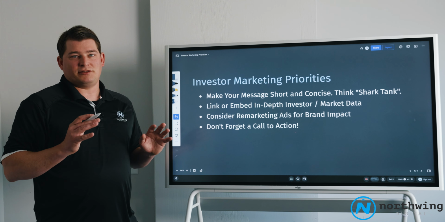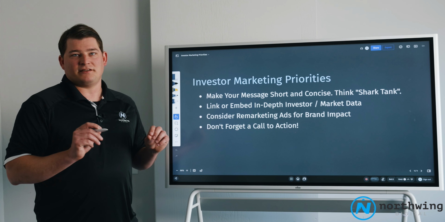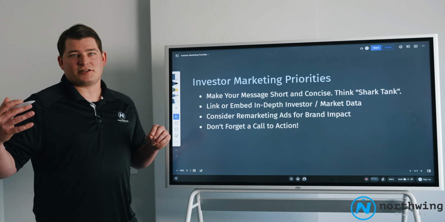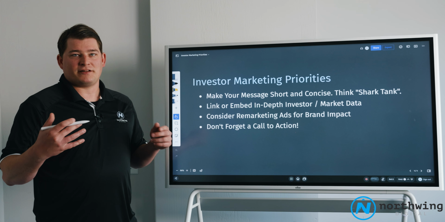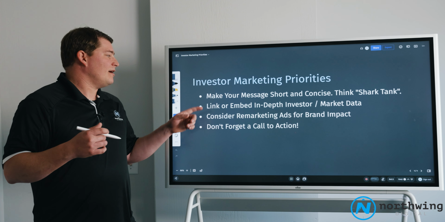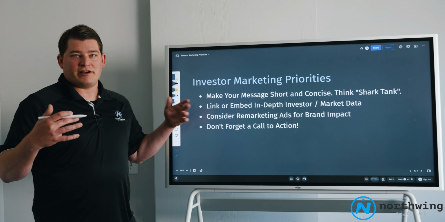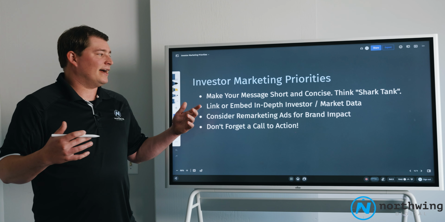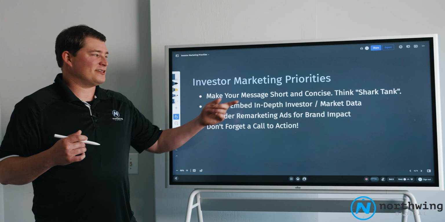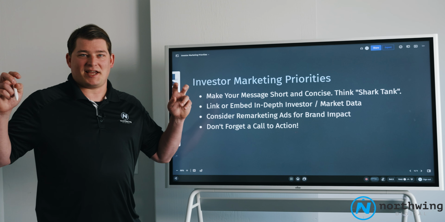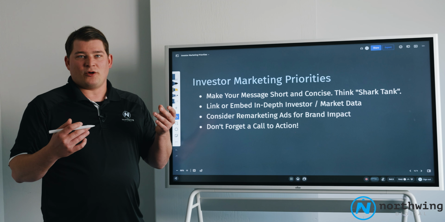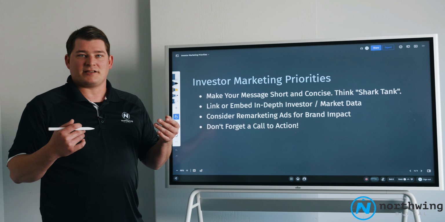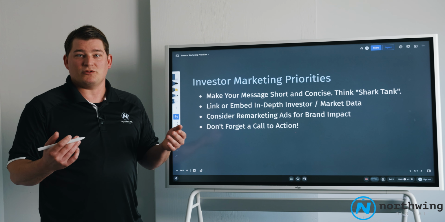What I would encourage you to do, regardless of if you're a startup or a large global enterprise, is when you are sharing the financial data for investors, make your message very short and concise. Especially in the startup world, think the Shark Tank model, right? If someone comes to the site, they want to know the potential ROI of an investment, how the company's doing, what you do.